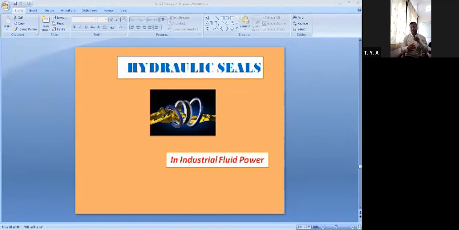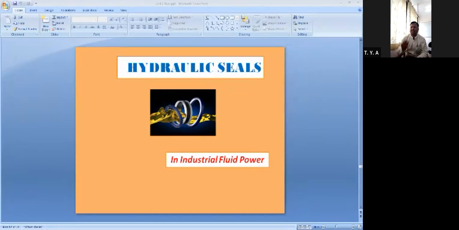Along with that, on the other hand, external leakage also occurs, and that is always a serious matter. The principal cause of external leakage is improper installation or sealing failure.